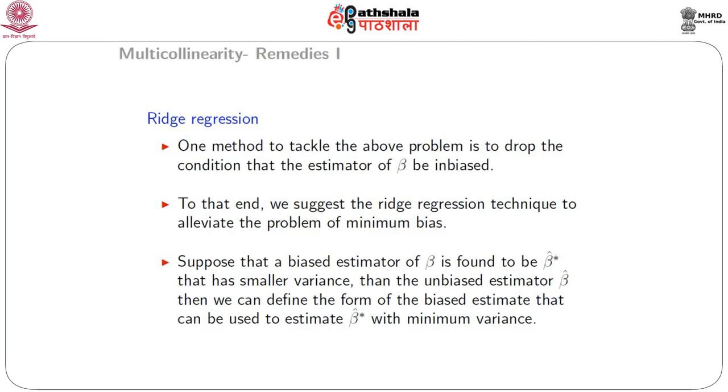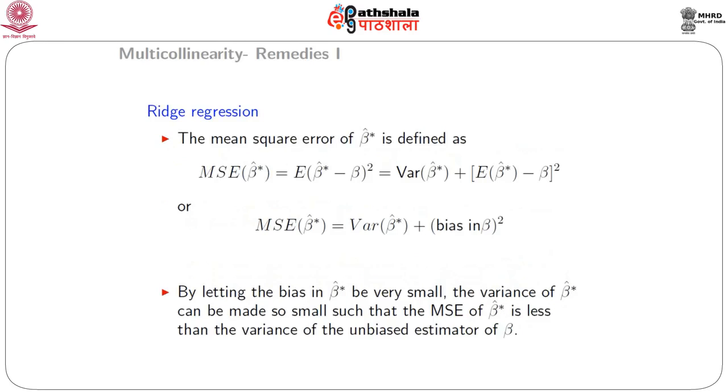The mean square error of beta hat star, which is the biased estimate of beta, is defined as the expectation of (beta hat star minus beta) whole square, which can be written as the variance of beta hat star plus the square of the expected value of beta hat star minus beta. This difference is called the bias.